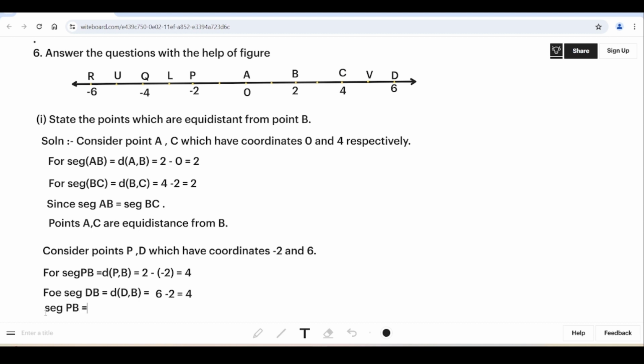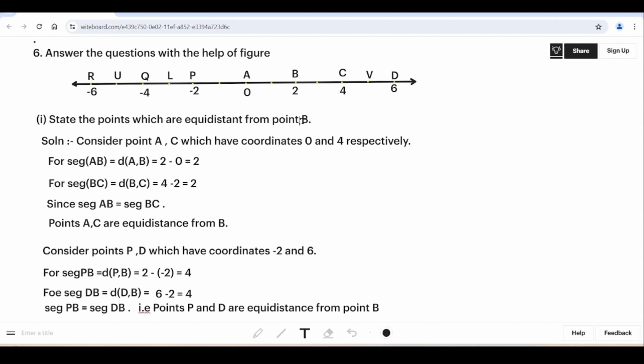PB is equal to DB. Therefore, they are equidistant from point B. That is, points P and D are equidistant from point B. Okay.